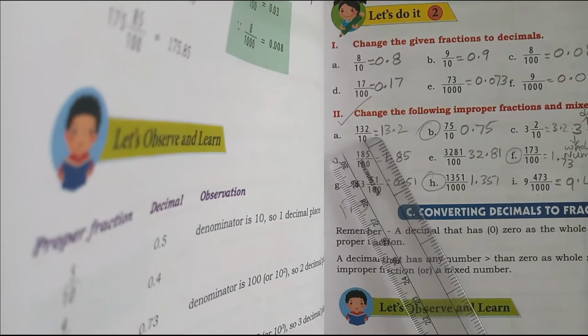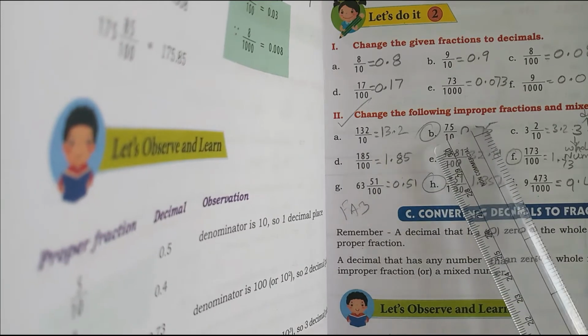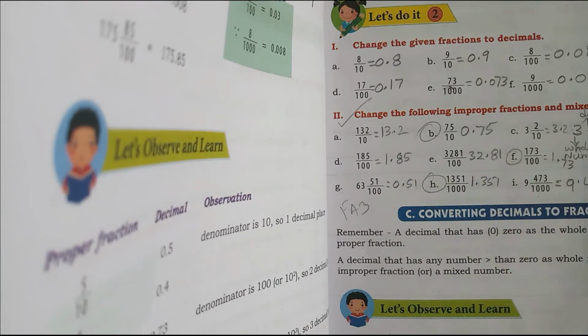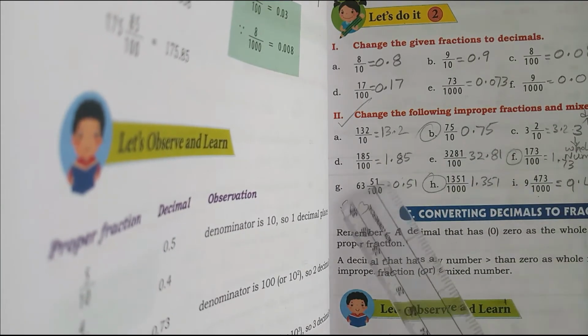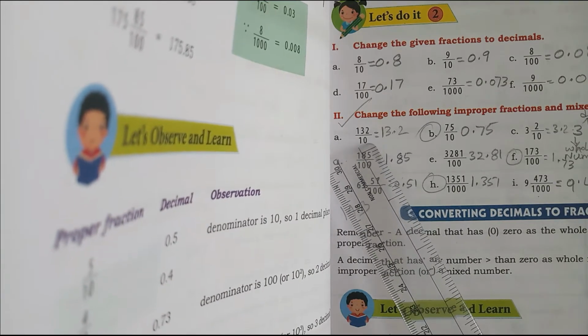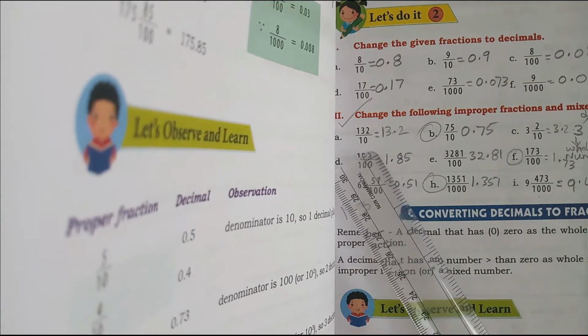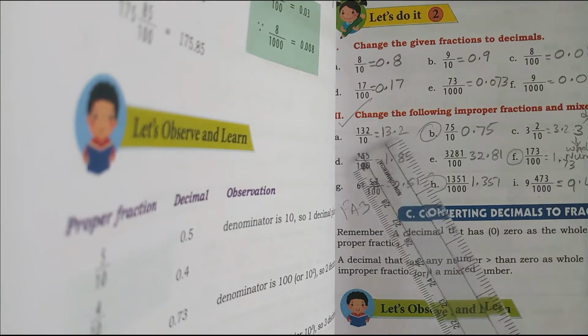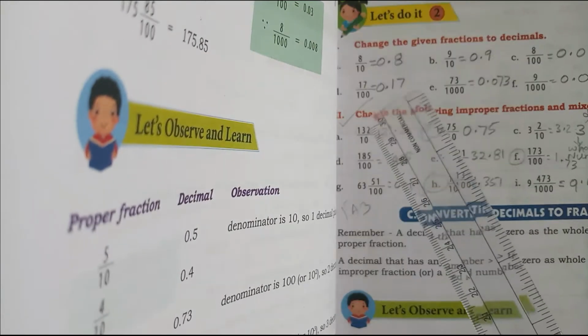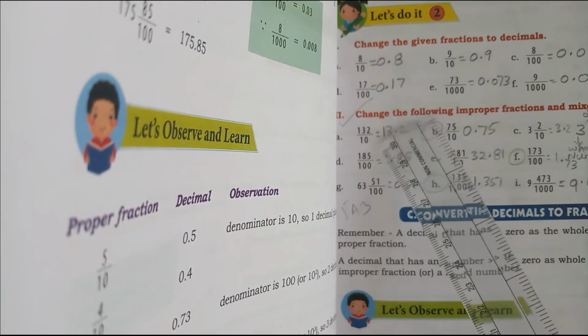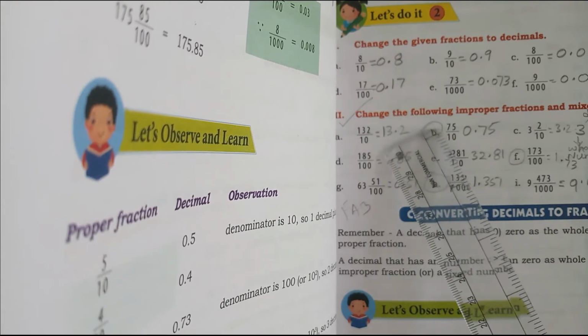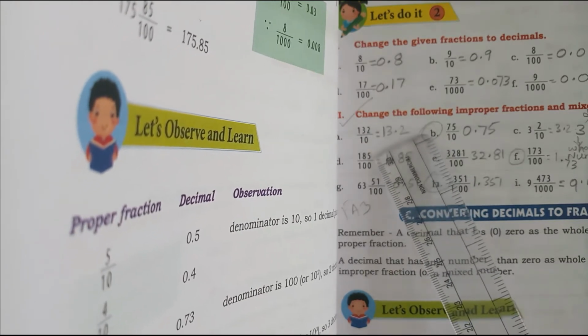Now here, second question: change the following improper fractions and mixed numbers to decimals. Here they have given 132 divided by 10. For these sums, how will we do the calculation? 132 divided by 10 is nothing but 13.2 we will get.